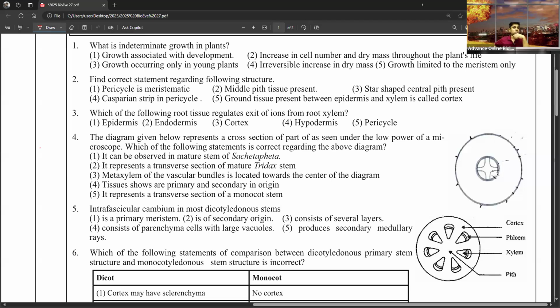Can you mark the first 5 MCQs? I think you can hear me clearly. Are there any issues? Can you mark the first 5?